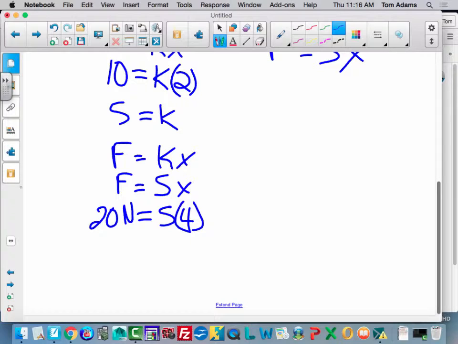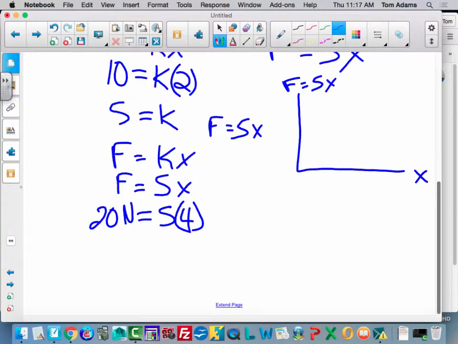Now, if I want to know the exact amount of work, if I were to measure the force over distance, we would get something like this. This would be my distance x, and this would be my force, which is 5x. If I haven't moved it at all, what's the force being applied? 0 newtons.